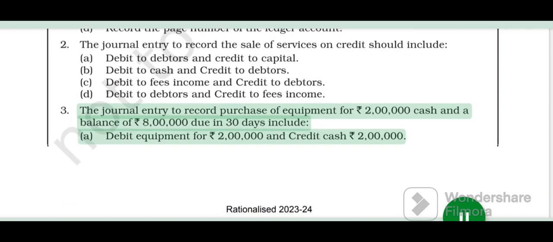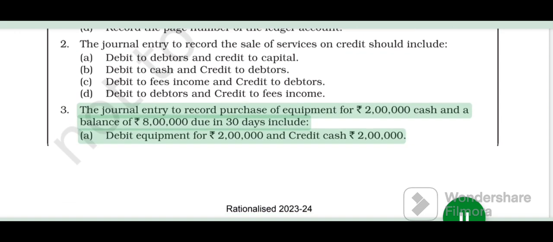3. The journal entry to record purchase of equipment for $200,000 cash and a balance of $800,000 due in 30 days includes: A. Debit equipment for $200,000 and credit cash $200,000.